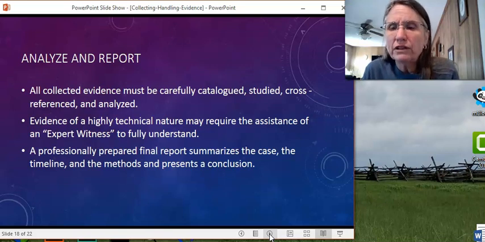And when evidence, like digital evidence, is collected from log data or off of servers, we can start to be dipping into a highly technical realm. So to understand this data and its meaning, we may need to call on the assistance of a very specialized professional. This would be the expert witness.